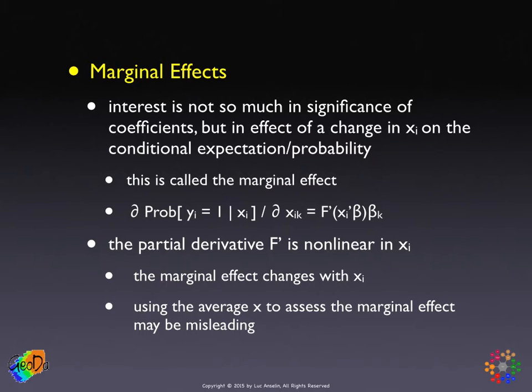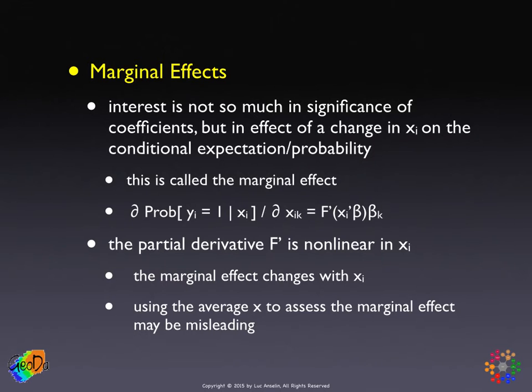And particularly what you might be interested in is if explanatory variables are indicator variables. So you implement a policy, that's a 1, you don't have the policy, that's a 0. Then you can evaluate this function, and you can evaluate the partial derivative of the function for the value 0 and for the value 1, and get an idea of what is the effect of a change.